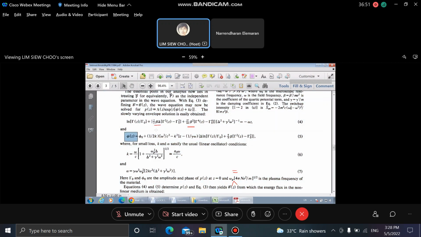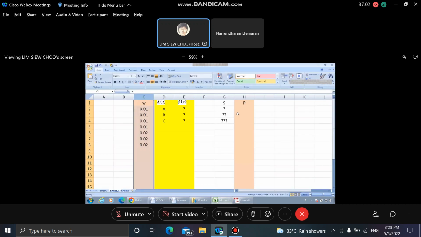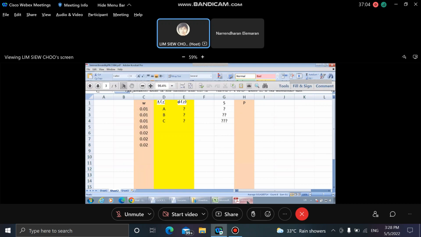Then you can find the corresponding P. Then you can plot the P versus omega. Do you get what I'm saying? Because if you plot the P versus omega, then you have no more mathematics already. You simply solve this by the software.